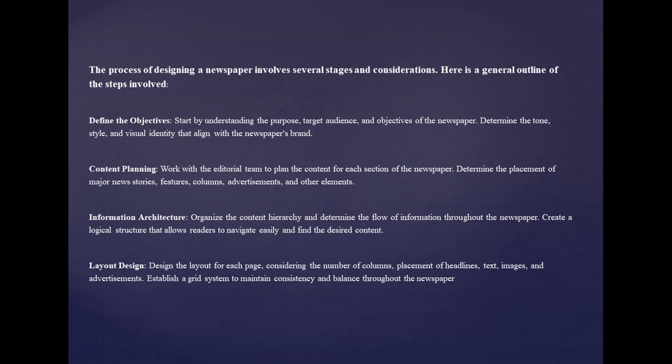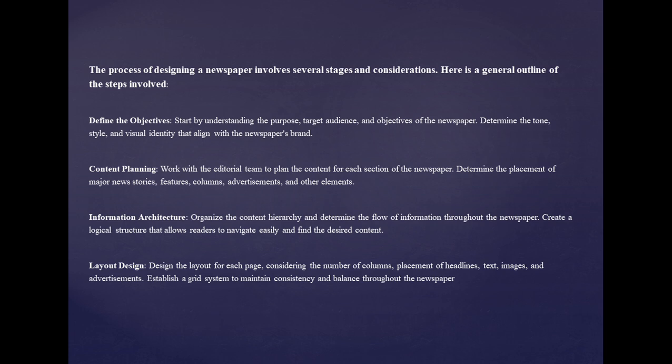Next, information architecture. Organize the content hierarchy and determine the flow of information throughout the newspaper. Create a logical structure that allows readers to navigate easily and find desired content.